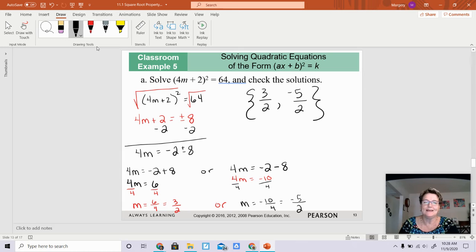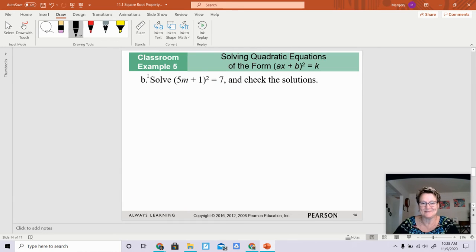All right, let's go to the next one. Same thing here. My goal is to get the 5m plus 1 by itself, so I'm going to rewrite it real quick. Now I need to get rid of the square, so I'm going to square root this side and I'm going to square root this side.